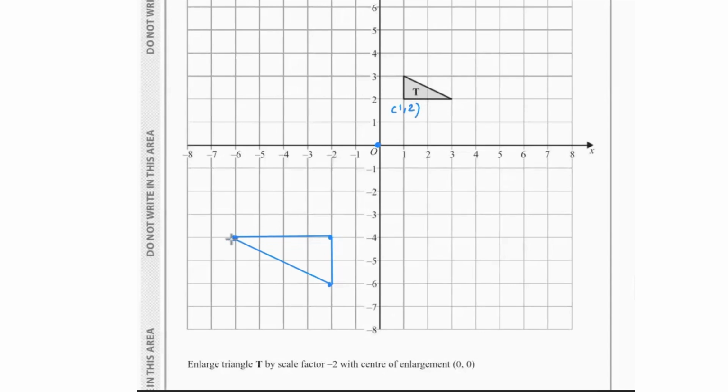This point is corresponding to this one. This point is corresponding to this one. And this one is corresponding to this. As you can see, all three lines are passing through the center of enlargement, which means your enlargement is correct. If they weren't passing through the center of enlargement, then your enlargement was wrong. So this is your enlargement of triangle T.